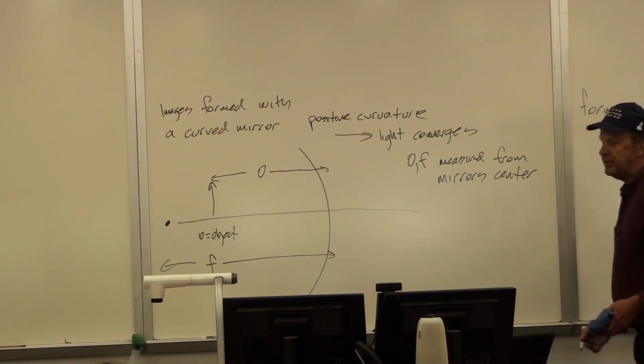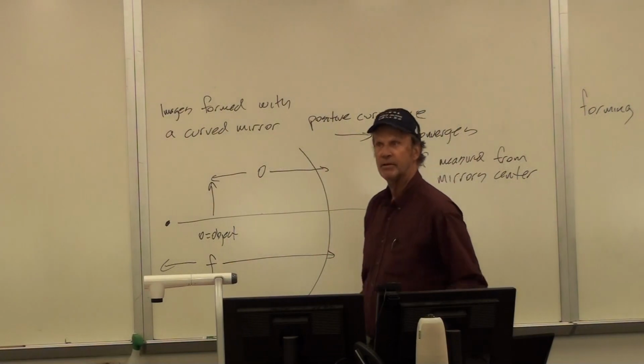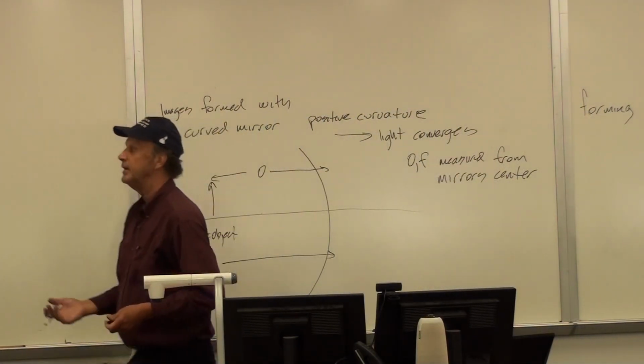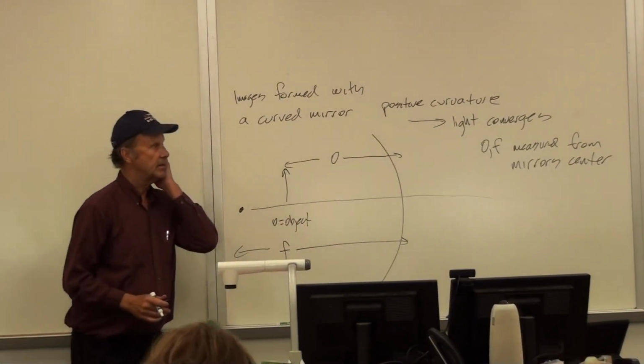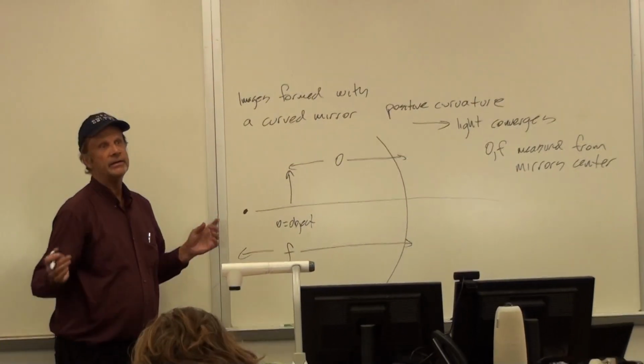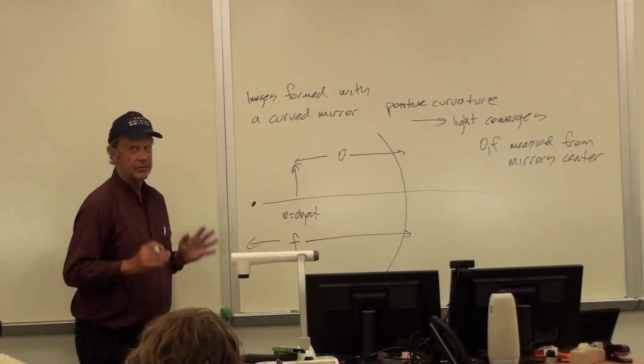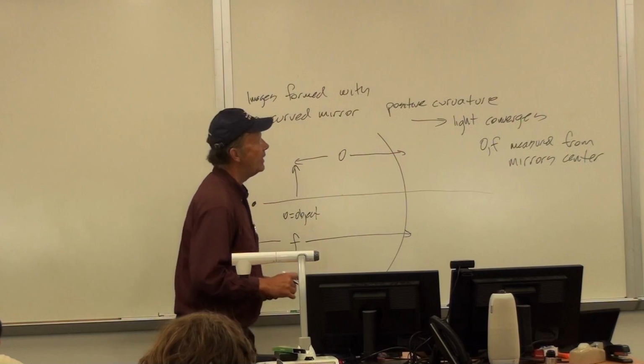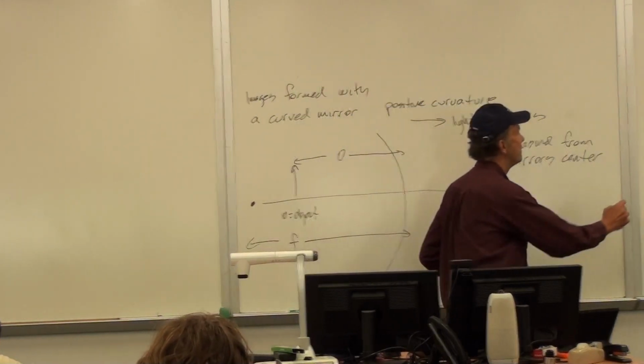Well, we form the image with representative rays that we draw. We don't just draw any old ray because we're not going to know how any old ray is going to bounce. But there are certain specific rays that we can draw, and we know what they should look like.